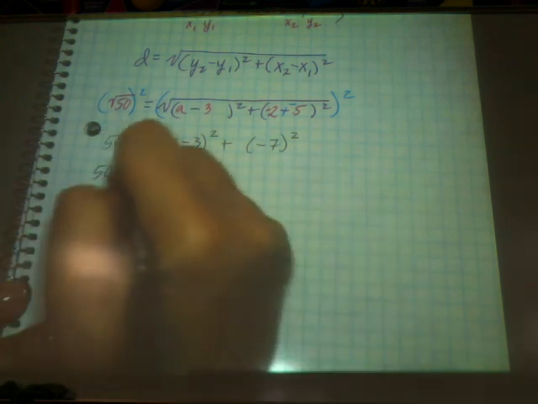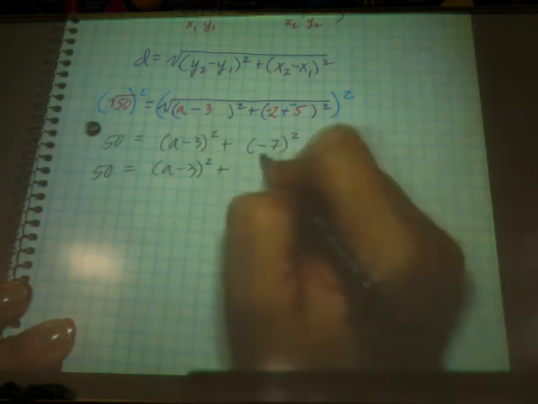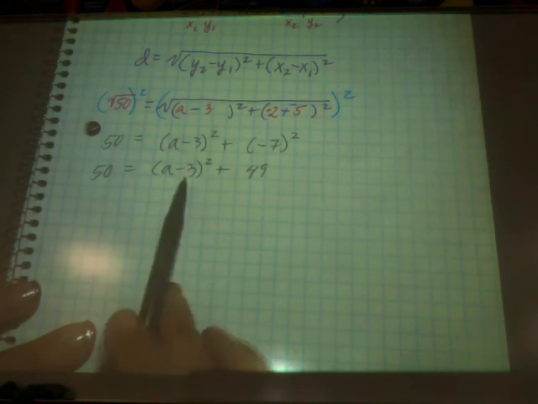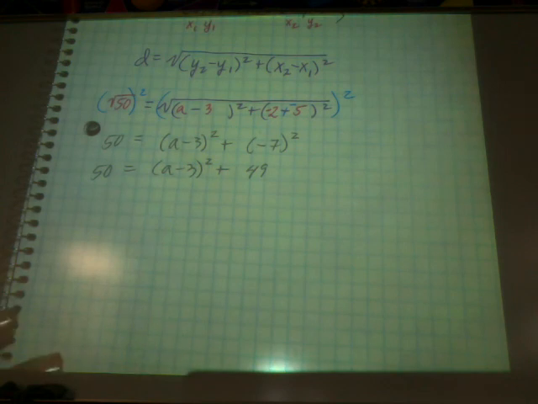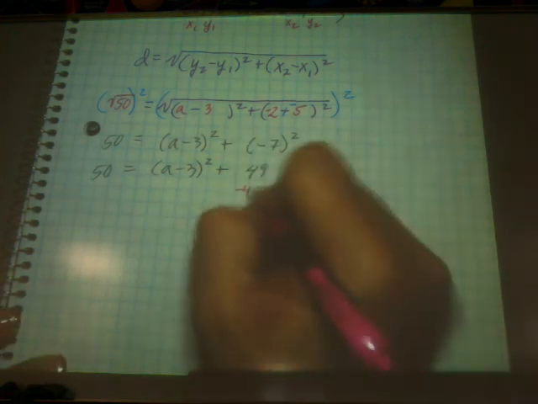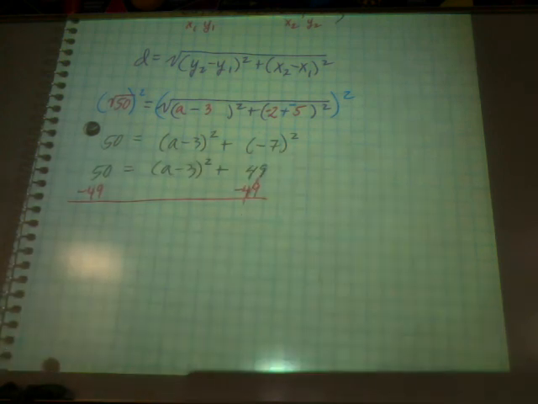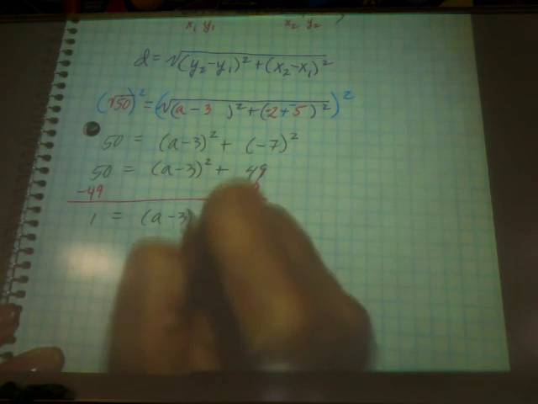So 50 equals a minus 3 squared plus 7 squared is 49. Yeah, we're going to subtract 49. We're going to ignore this for right now. So most of you are probably going to subtract 49. You're going to find out later that you're going to have to move this 1 over here. You'll see why in a minute. You get 1 equals a minus 3 squared.